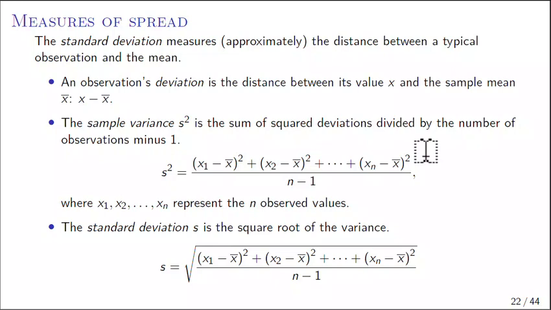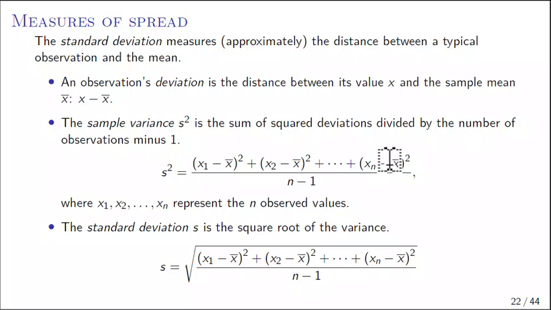Second, why do we need to divide by n minus 1 instead of n? Because on the top we have how many terms? N terms, 1, 2, up to n. But why do we divide by n minus 1? In statistics, this is called losing 1 degree of freedom. What do we mean by that? That's related to the first question, because if we add those unsquared deviations together, we get 0.